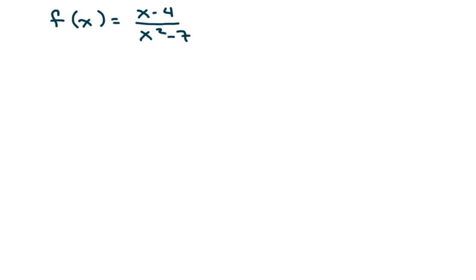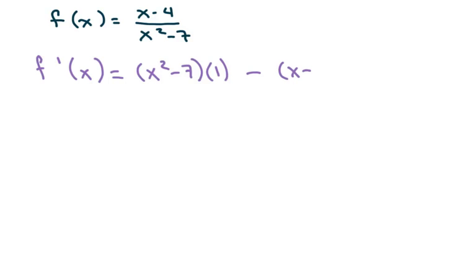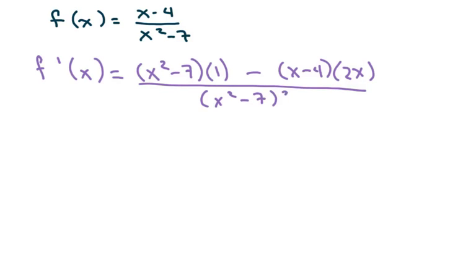And the last one we have is this one. So again, we're going to take the derivative, and we write down the denominator times the derivative of the numerator minus our numerator times the derivative of the denominator, all over x squared minus 7 squared.